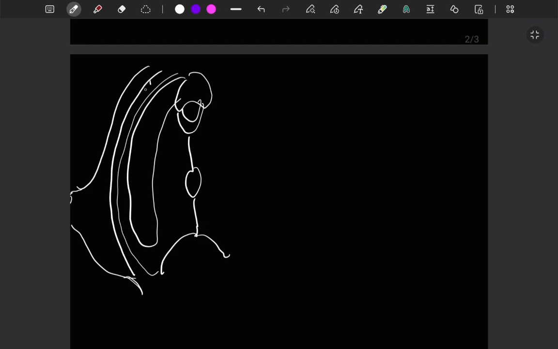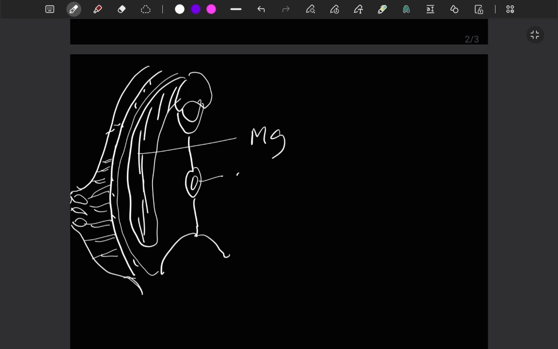This is our retromammary space. These are lactiferous ducts. Then these are ligaments of Cooper. This is pectoralis major, this is minor, this is subclavius, and this fascia is called clavipectoral fascia.